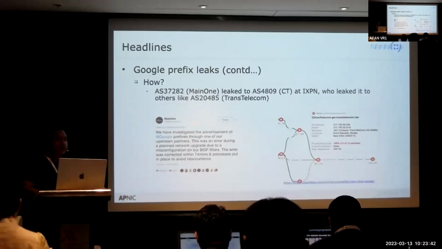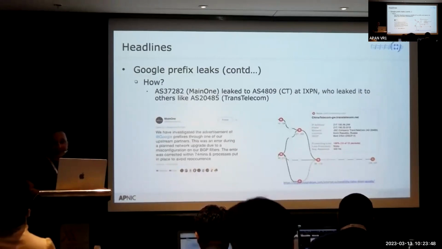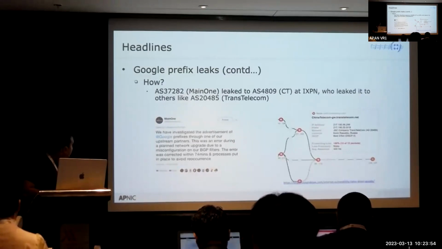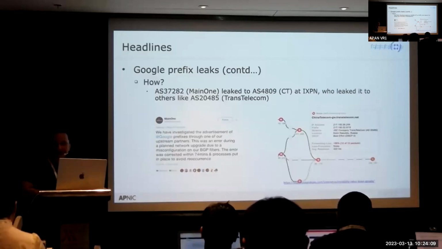They linked it over the IX and will link it over again to their peers and upstreams, right? TransTelecom is also one of these large providers. So this was basically an error due to a planned network upgrade, a misconfiguration on the BGP filter, right? So it's basically a misconfiguration, but still affecting a lot of other providers, right?